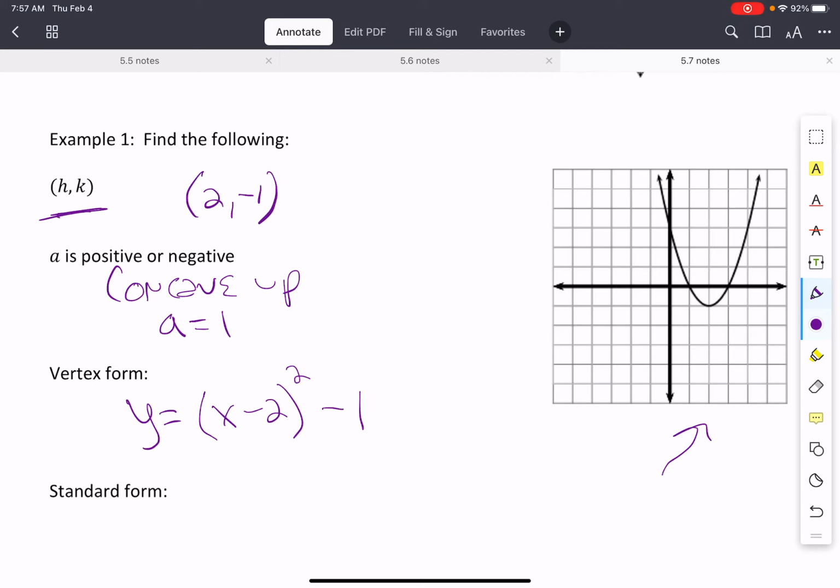What do you guys think? You agree? Okay, why did Oliver make it -2? I thought the vertex had a +2 there. That's a good guess. Not because it's being squared. Morgan?